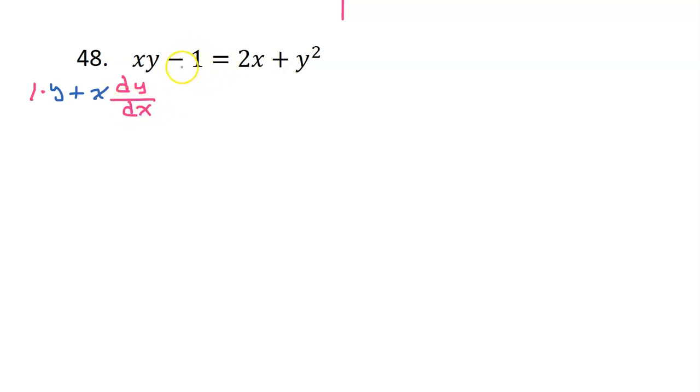The derivative of negative 1 is 0, so that's gone. The derivative of 2x is 2. The derivative of y squared, well, I've now taken the derivative of the outer function, but because this is a y and not an x, I need to keep going and take the derivative of the inner function. So I'm going to multiply by dy dx.